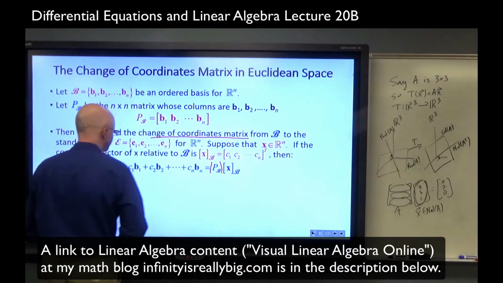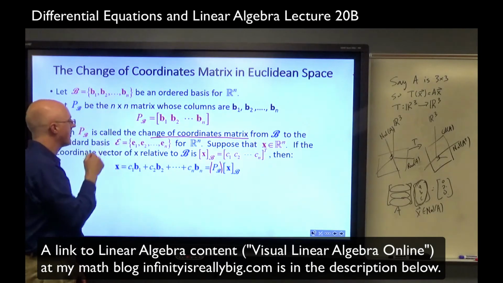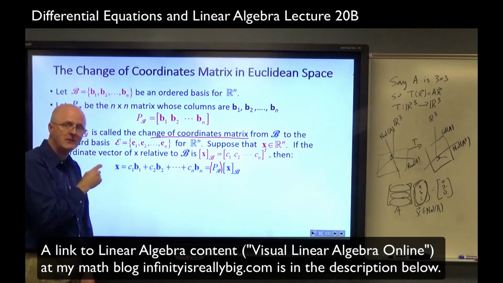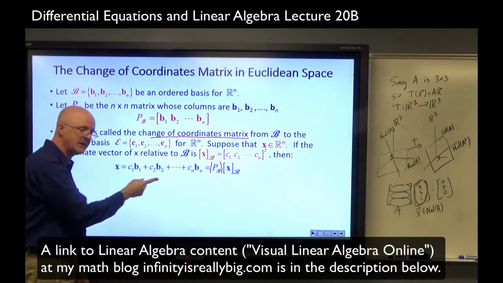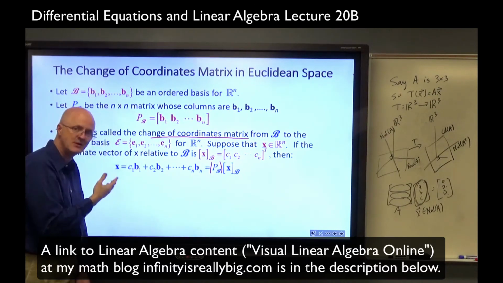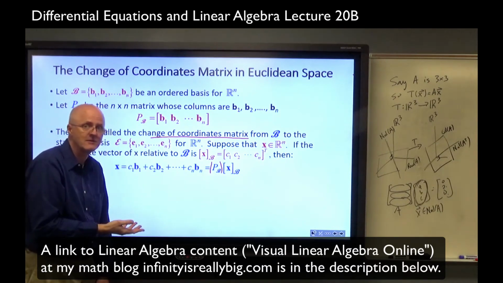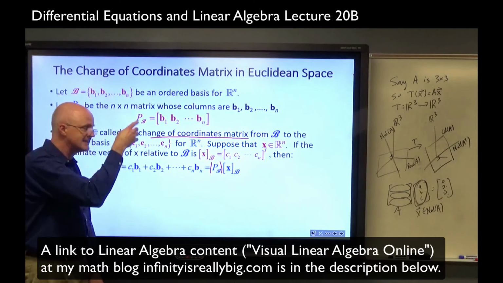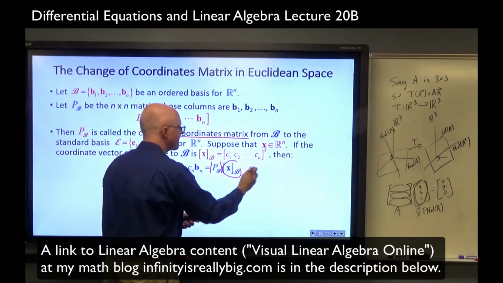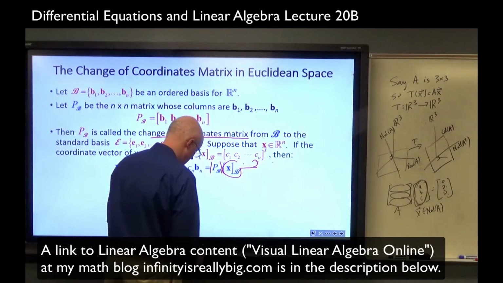Why? Well, this is an ordered basis for Rn, so by the unique representation theorem, x is some linear combination of those b's, calling the weights C1 through Cn, and these are unique. They, by definition, define the coordinate vector. The coordinate vector for x, this thing right here, is this vector right there, technically speaking, as a column vector.